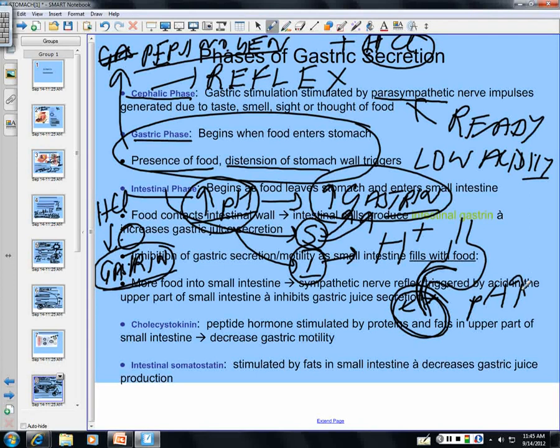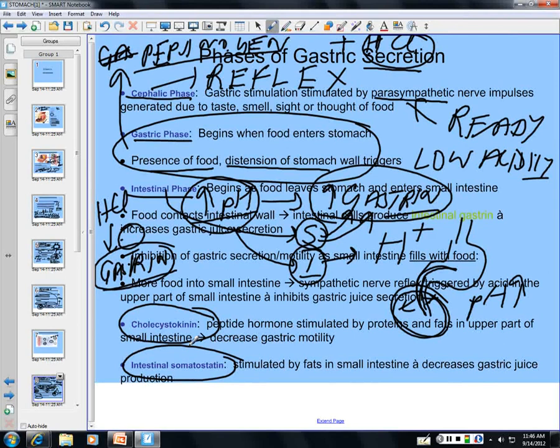And how is this break created? This break is created by a reflex called the enterogastric reflex, which is triggered by the presence of acid in the upper part of the small intestine, which inhibits gastric juice secretion. You have to inhibit gastric juice secretion, which includes HCl, pepsin, etc. In addition, two hormones are released by the intestine, cholecystokinin and intestinal somatostatin.